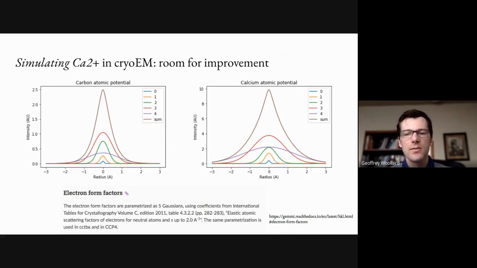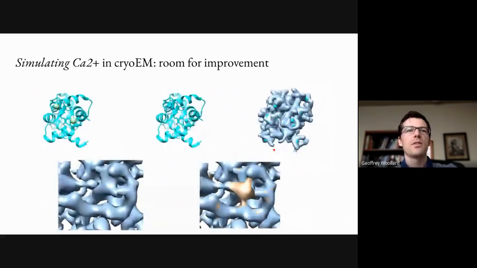In the code in the data processing software that everyone's using, this is an example of how the intensity around a carbon atom goes to, let's say, a relative value of 2.5 and spreads over a few angstroms. It's much more for calcium, up to 10, and it's spreading more. That's important when you're looking at, for instance, a calmodulin with some bound calcium.